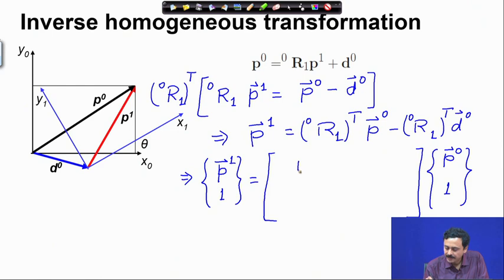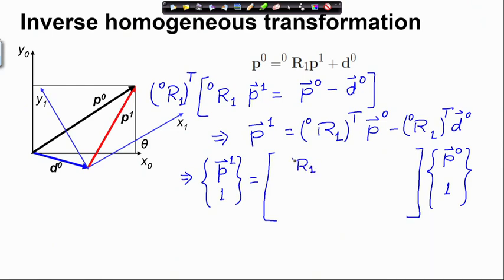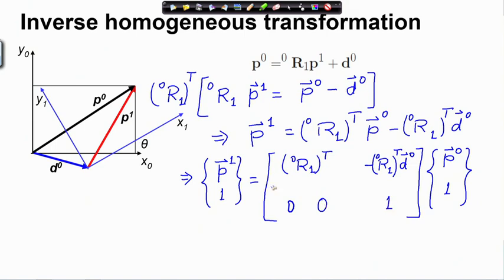So, now we look at the entries: R 1 to 0 transpose, here we have minus R 1 to 0 transpose times D 0, and here we will have 2 zeros and a 1.